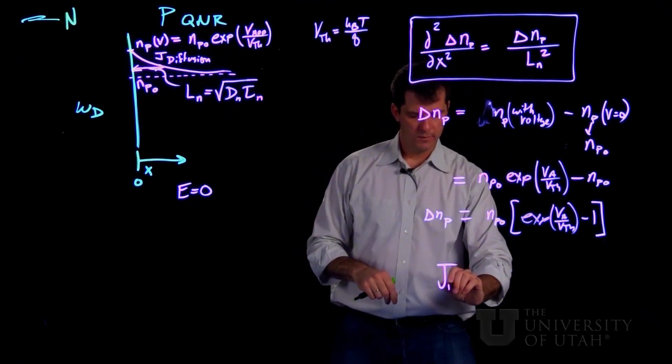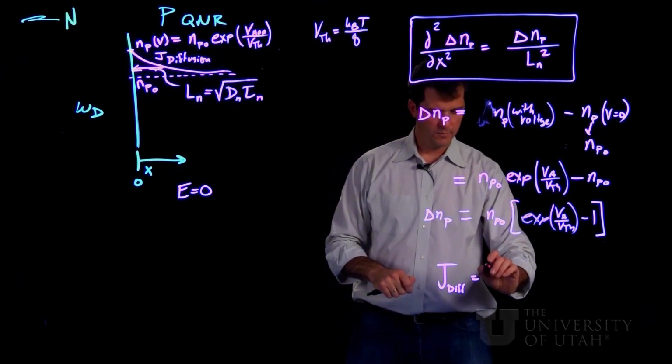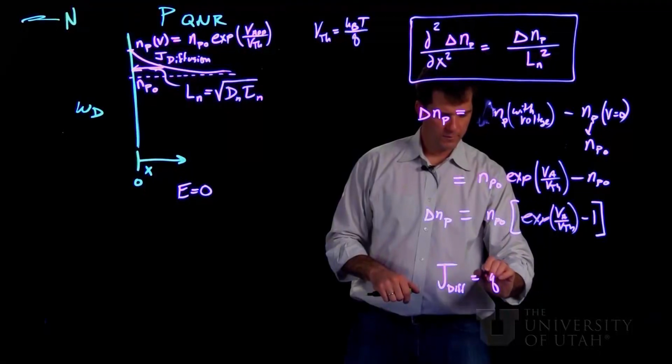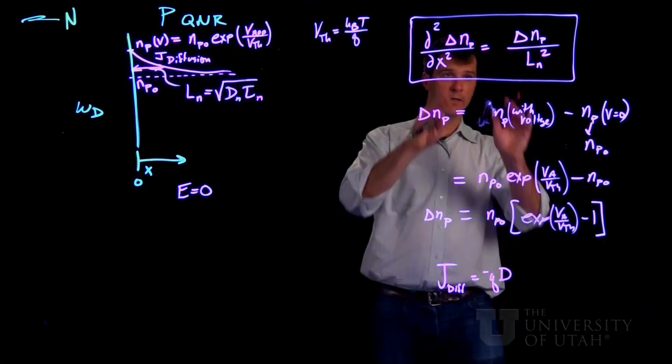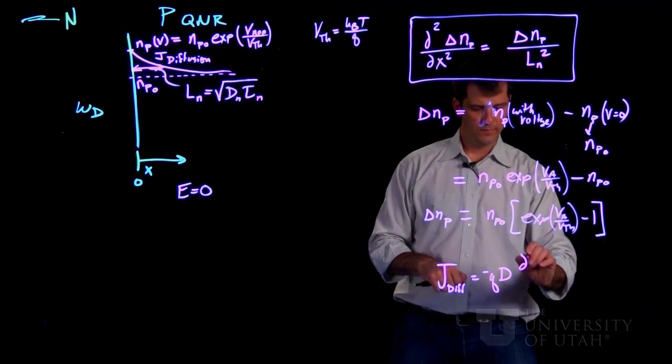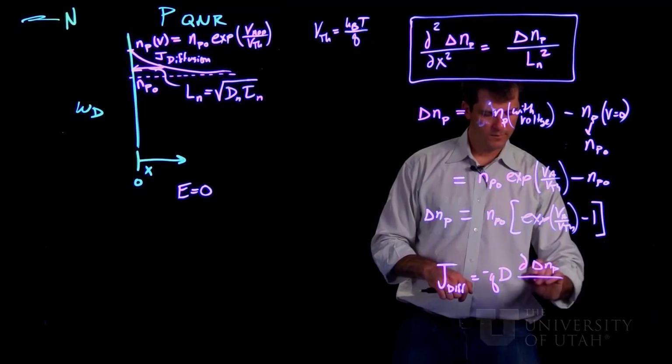So it's going to be J diffusion, and this is going to equal negative Q times the diffusion coefficient times the gradient of the carrier distribution, d delta n on the p-type side, dx.